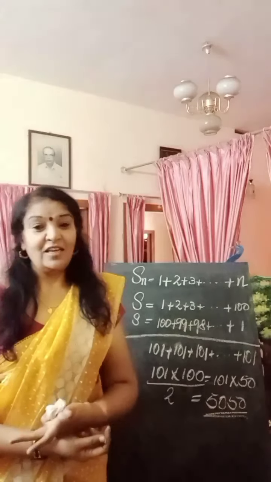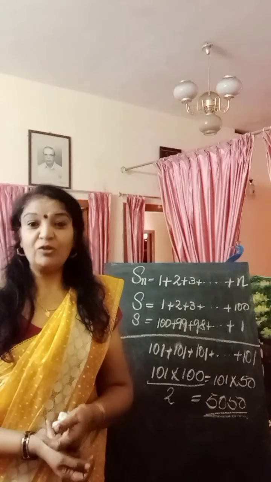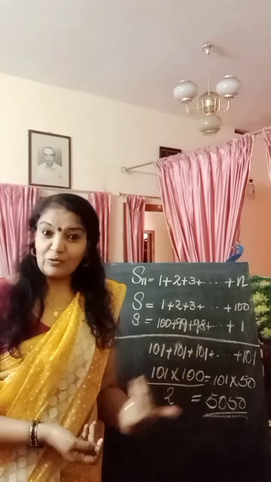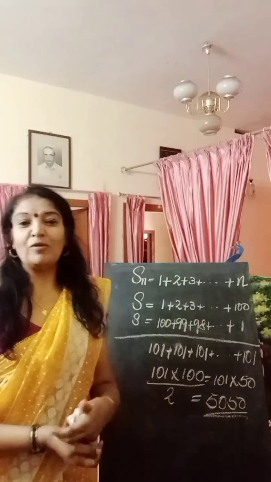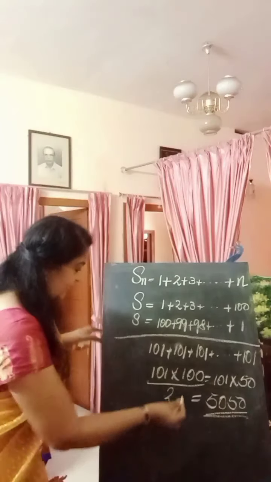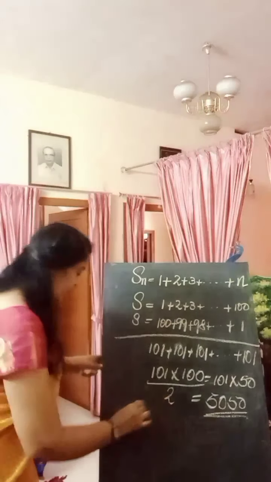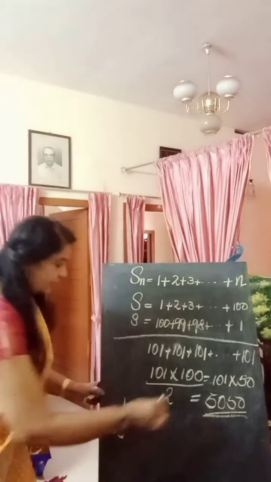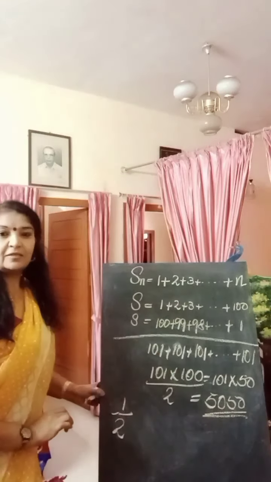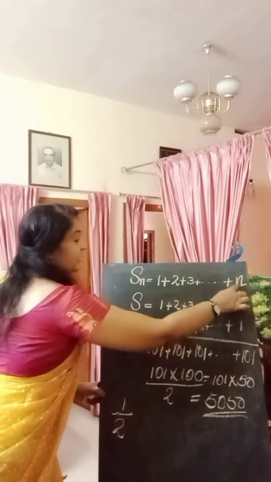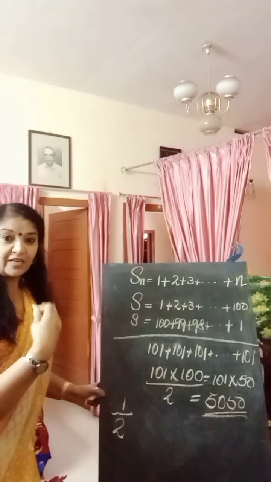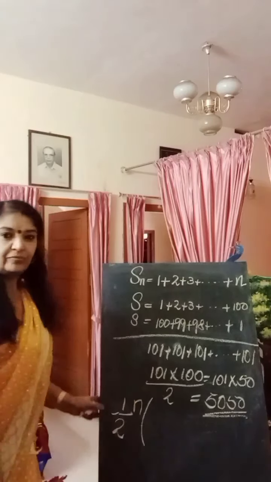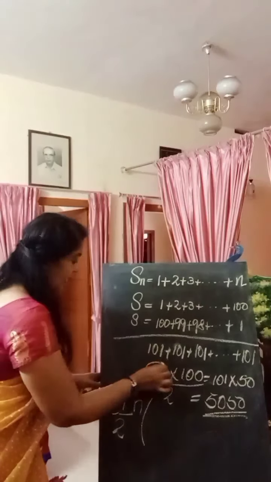And for any sequence, if we want to find the sum of the first n natural numbers, we can use this formula. Then what is the formula here? Half is already there, so we can write half. Then 100 terms are used here because n is equal to 100, so we put half n into this term, 101.